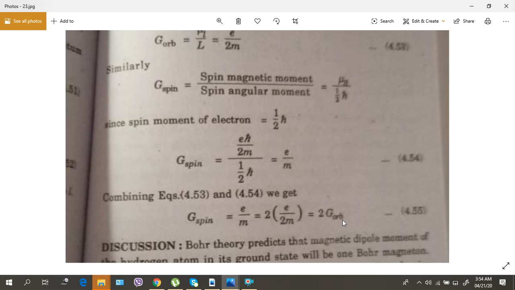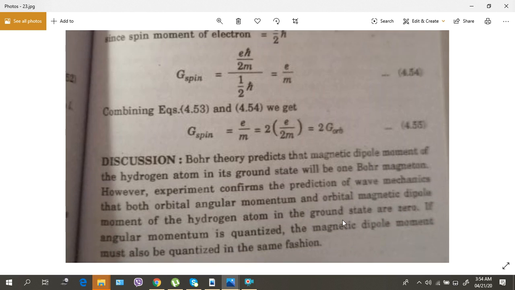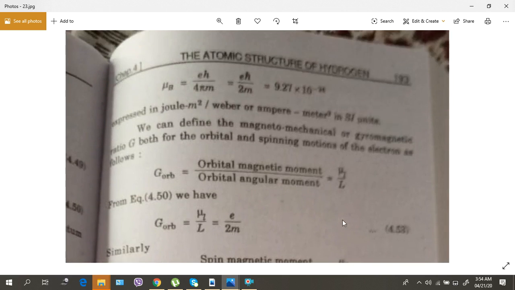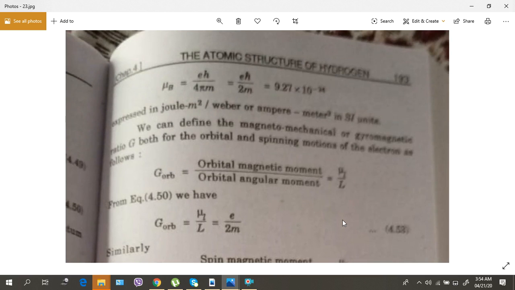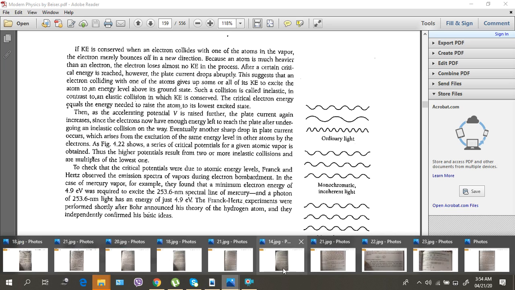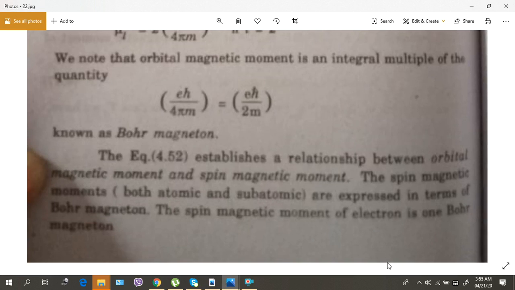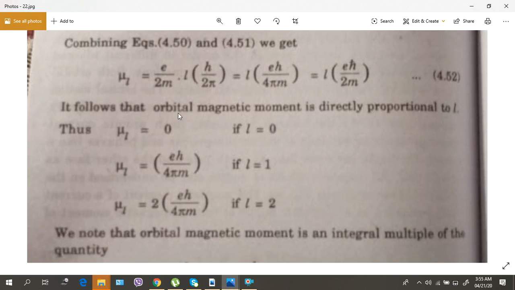Clear, students? This is the discussion, these are the necessary formulas related to the Bohr magneton. The Bohr magneton is equal to eh over 4 pi m, and mu L is equal to Leh over 4 pi m.